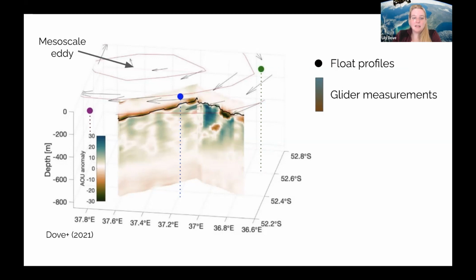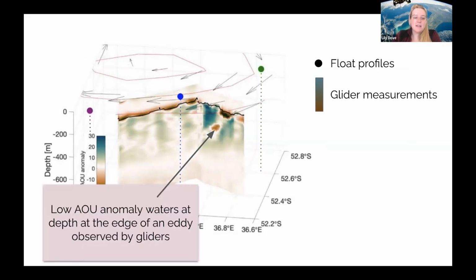And what you can see is that there's this low AOU anomaly at the edge of the mesoscale eddy that is captured by the glider measurements, but is not necessarily captured by the float profiles because it's happening on such small spatial scales and also small temporal scales. We imagine that this process probably happens on the order of days.